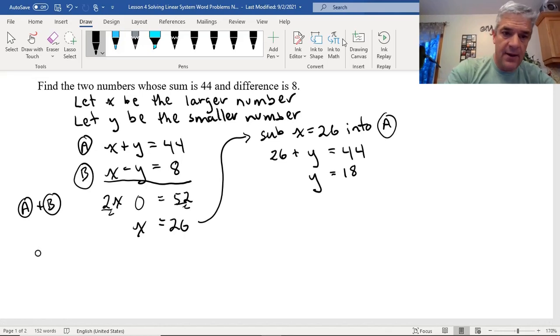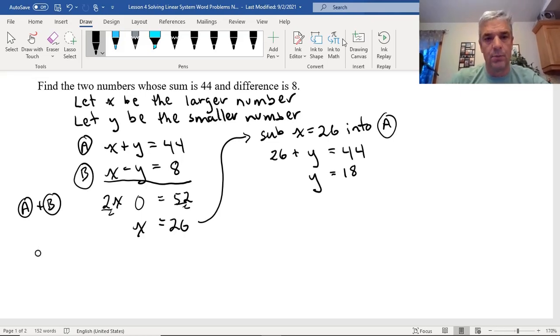Now I have identified my x value, my y value, and normally we would say therefore the POI is, but in this case we're not going to say therefore the POI is. We're going to say the answer to the word problem, okay? So we must make sure our concluding statement is the answer to the word problem.